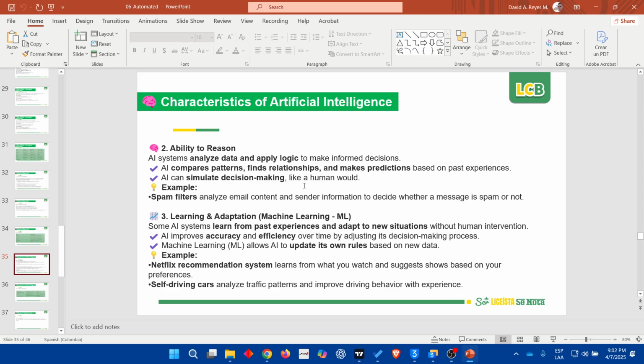Okay, here. Characteristics of artificial intelligence. The ability to reason. So artificial intelligence is going to analyze the data and apply logic to make decisions. Learning and adaptation.